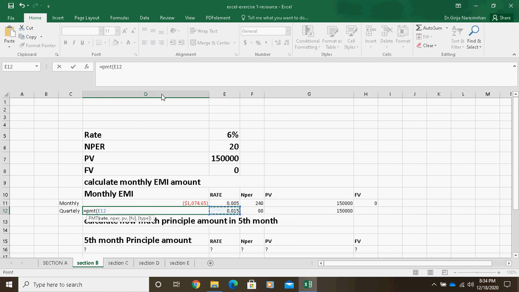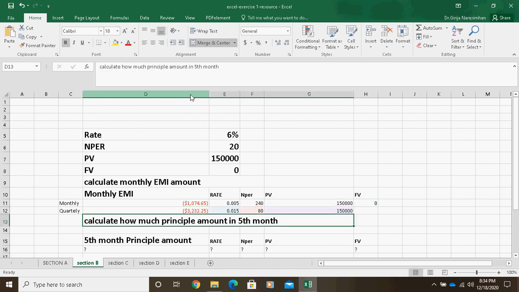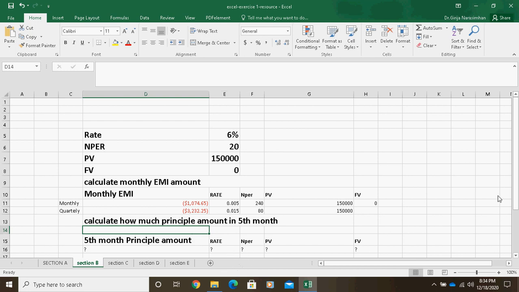So PMT, this is my rate, comma, NPR, comma, PV, that is my principal amount, and the final amount. So I pay every 3 months once. Suppose my calculation is quarterly, it is 3,232 rupees.